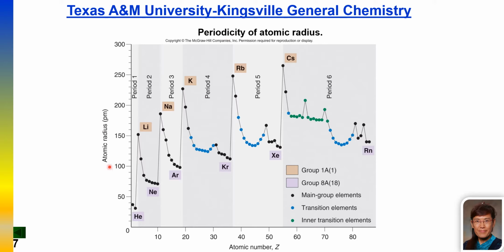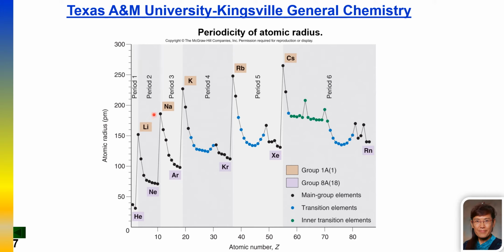You use your atomic radius in picometers as your y coordinate, and your atomic number Z as your x axis. If you have helium, neon, argon, different noble gases, generally speaking, you see the atomic size increases as the atomic number increases.